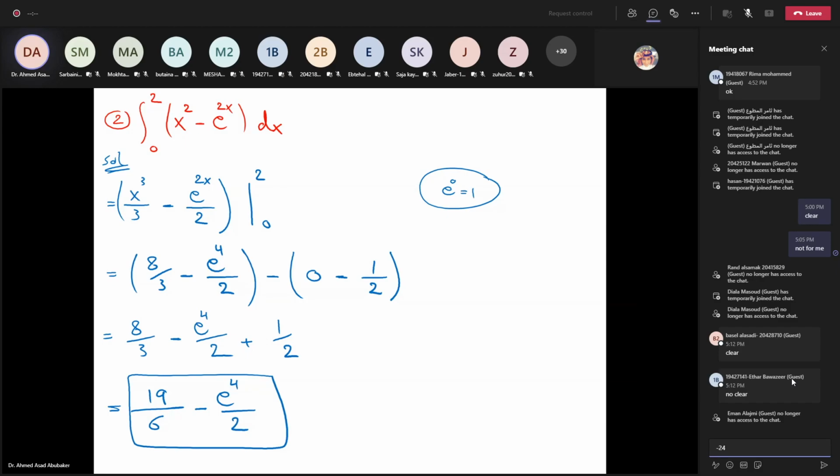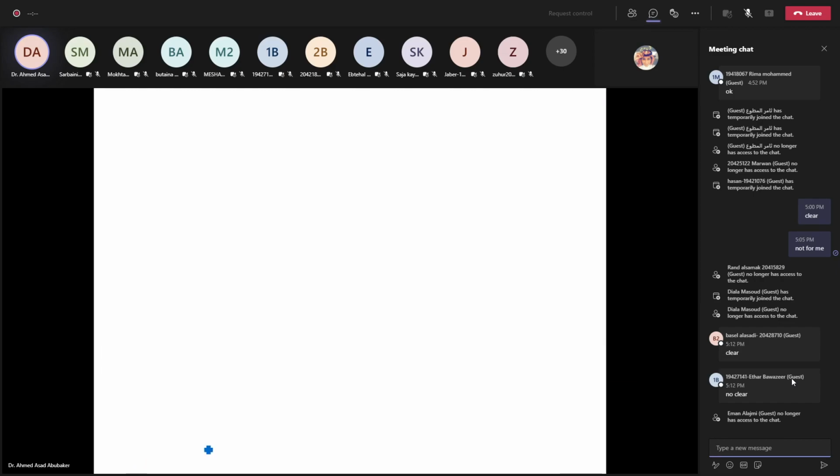Number 3. The integral from 1 to 4 of (3√x + 1/x) dx.